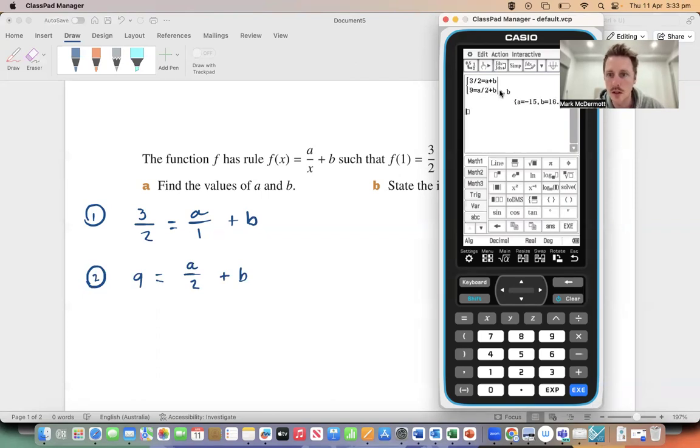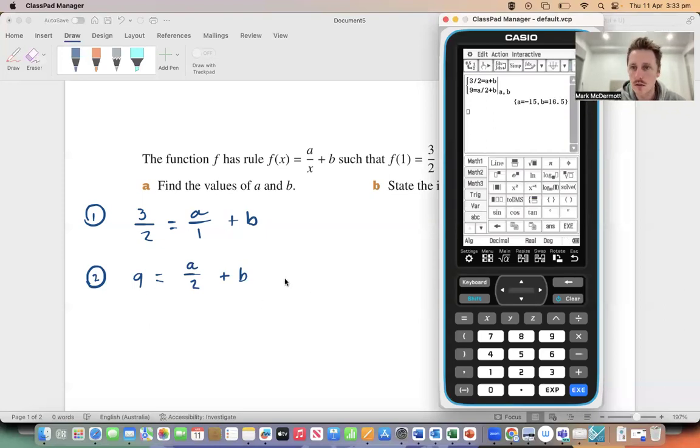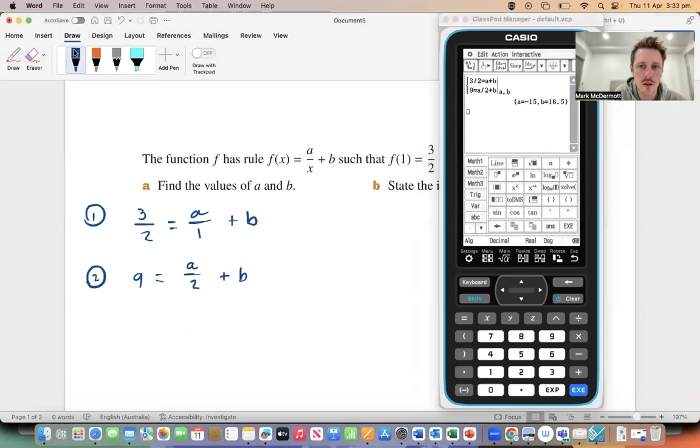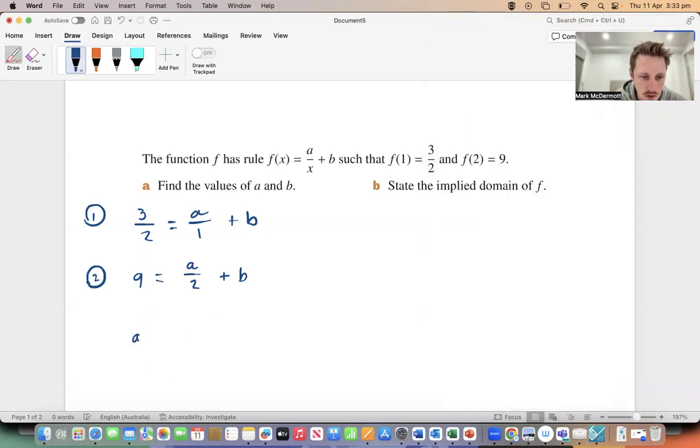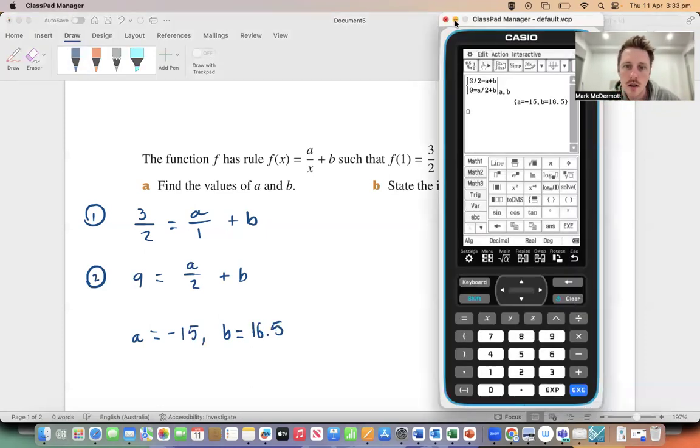And we're solving for a and b, so we get a equals negative 15 and b equals 16.5. Is that right? Let me check. Yep. Okay, 16.5. Let's get that as a fraction, it's better: 33 on 2.